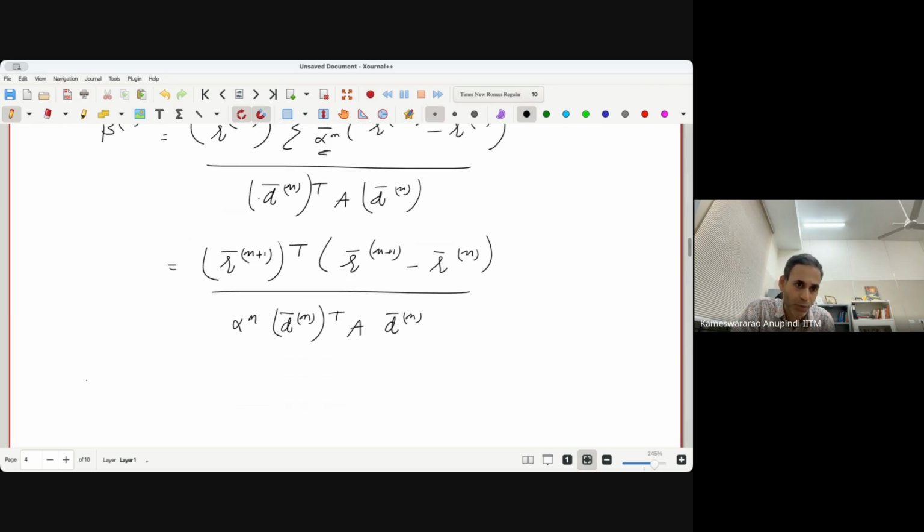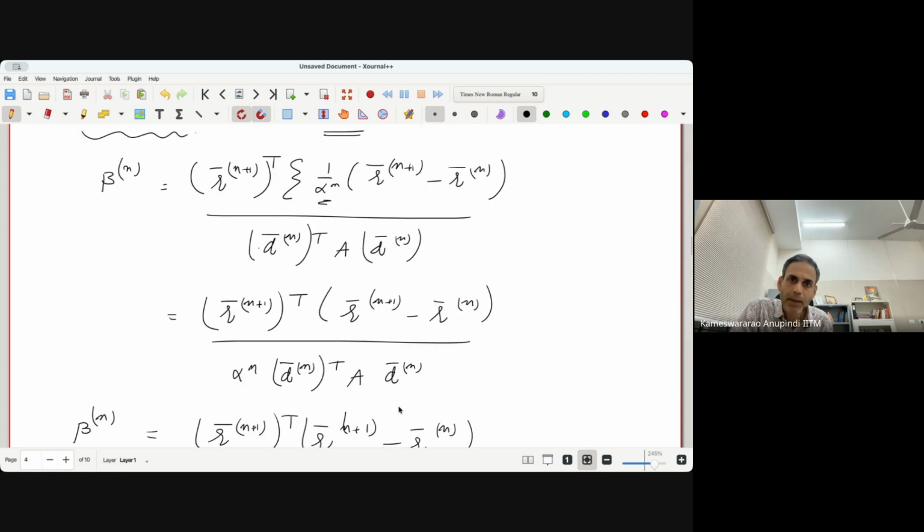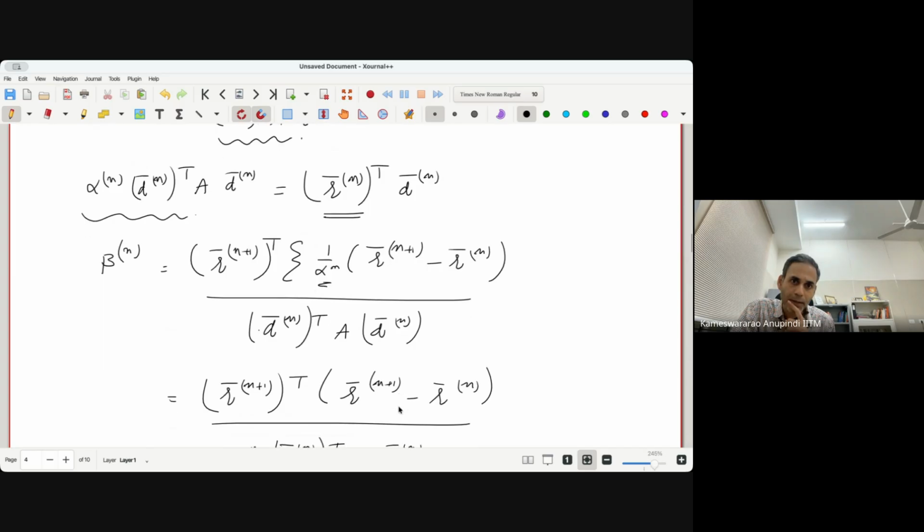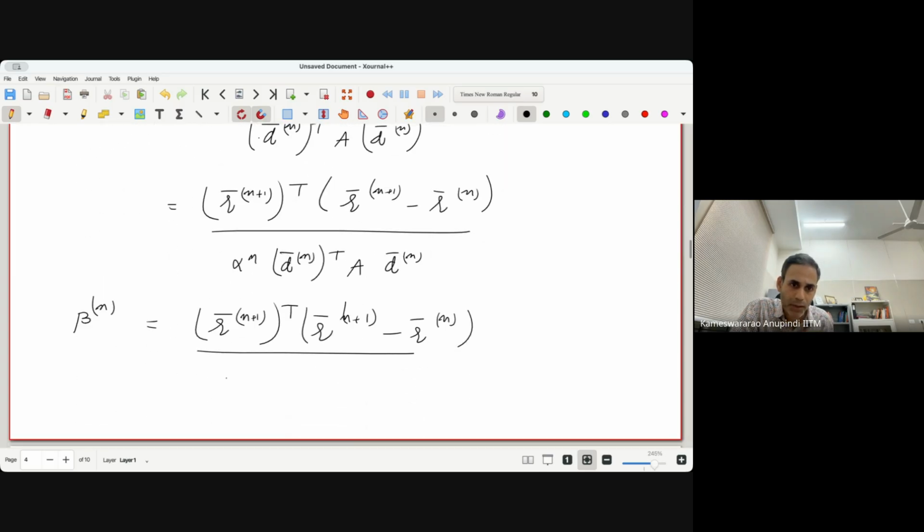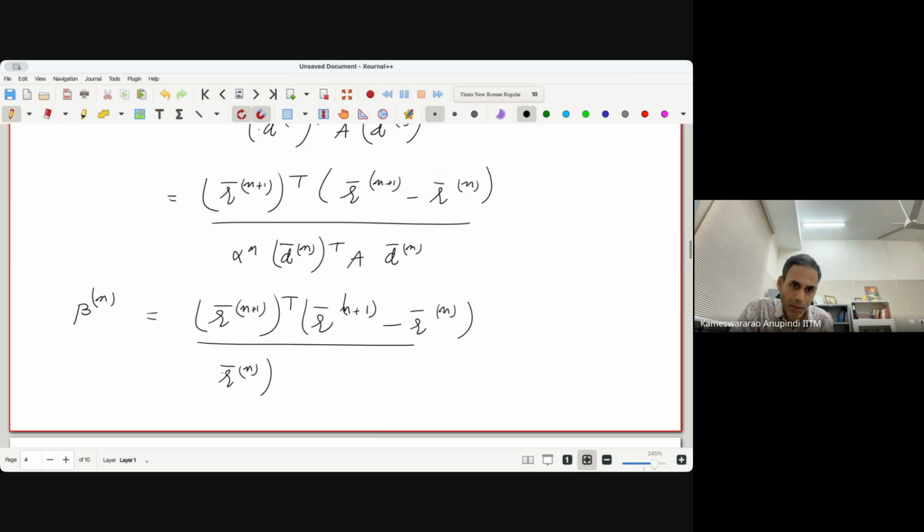So that's what I'm going to substitute now. So my beta_n is going to be R bar_{n+1} transpose (R bar_{n+1} minus R bar_n) divided by R bar_n transpose d_n.